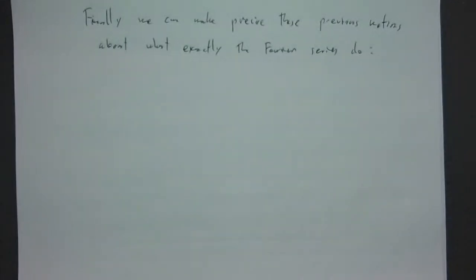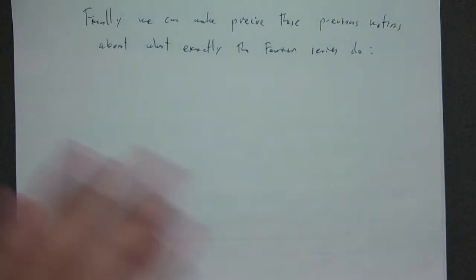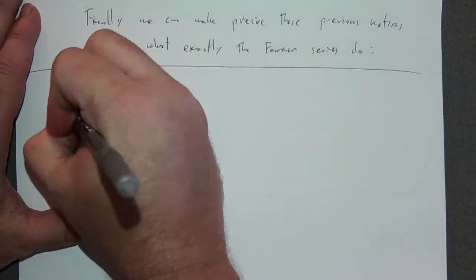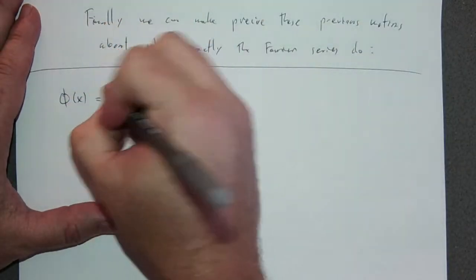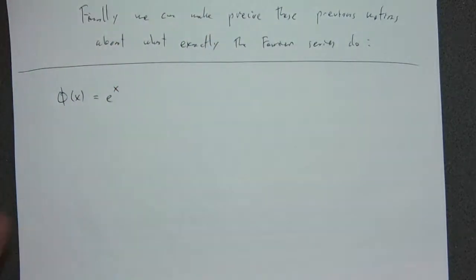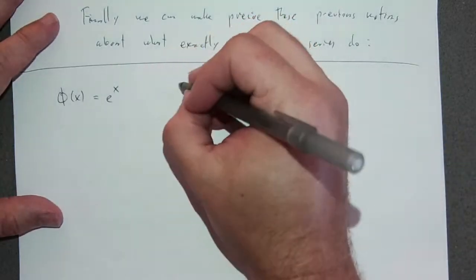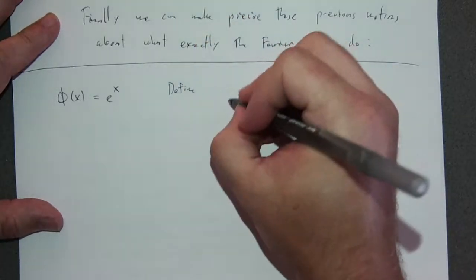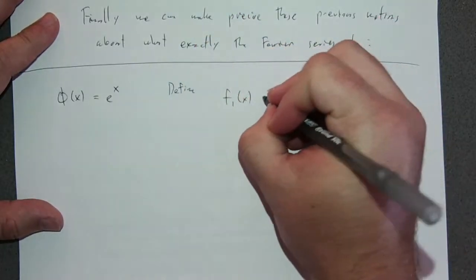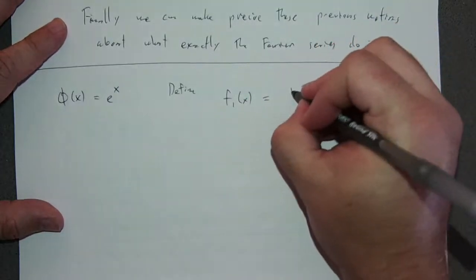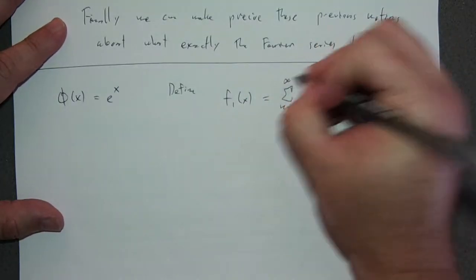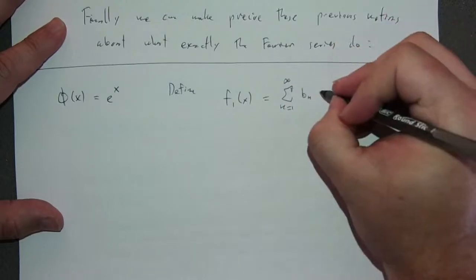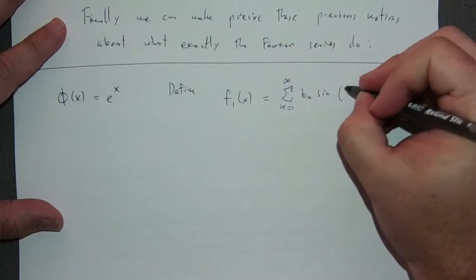Let's see another example of this. So what about e to the x? I'm going to define three functions. f sub 1 of x is defined to be the sum from n equals 1 to infinity of b sub n sine n pi x.